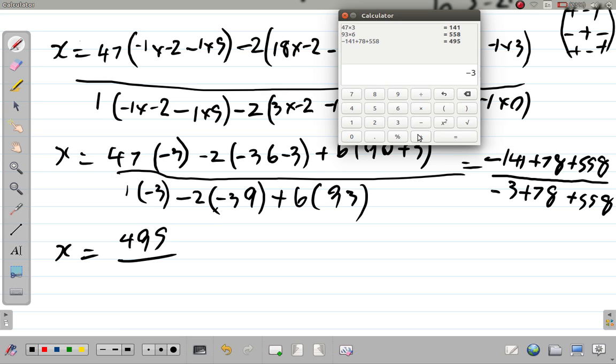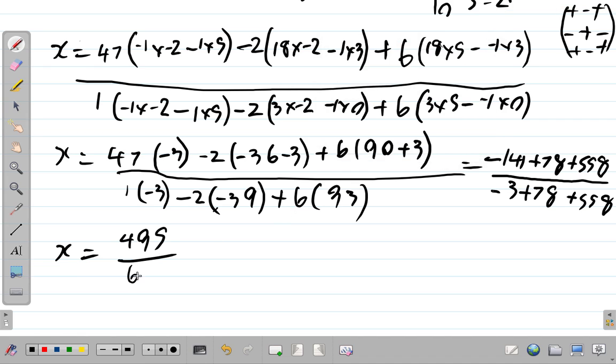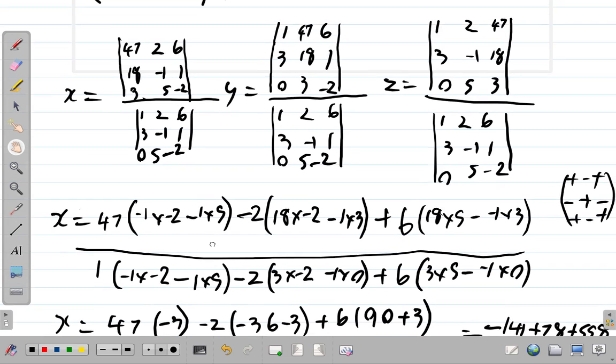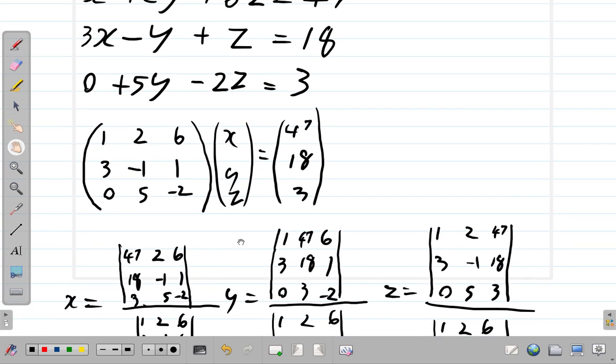We have negative 3 plus 78, all right, plus 558 equal. So what we have here is 633. All right. So we make sure that we have everything in okay.